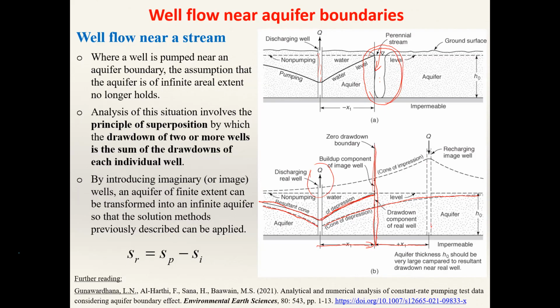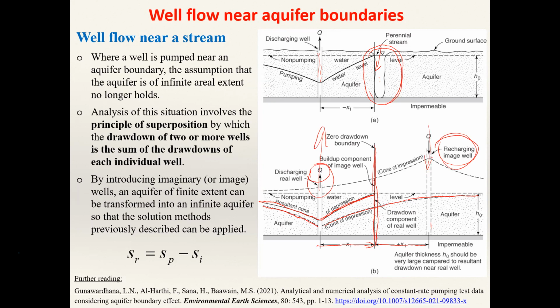It is called an imaginary well. If it is a recharge boundary like a wetland or river, this imaginary well should be a recharging well. This is a discharging well, this is a recharging well. Here we take the water out, here we add water. That is how we do it.